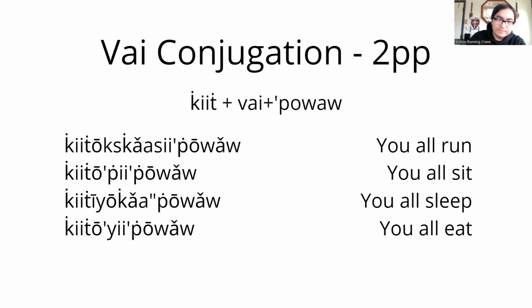Next up is the second person plural. It's again the same thing as second person singular, except you're adding this ishpowao. So kitokskasishp would be you run, but kitokskasishpowao would be you all run, or you guys run, y'all run.